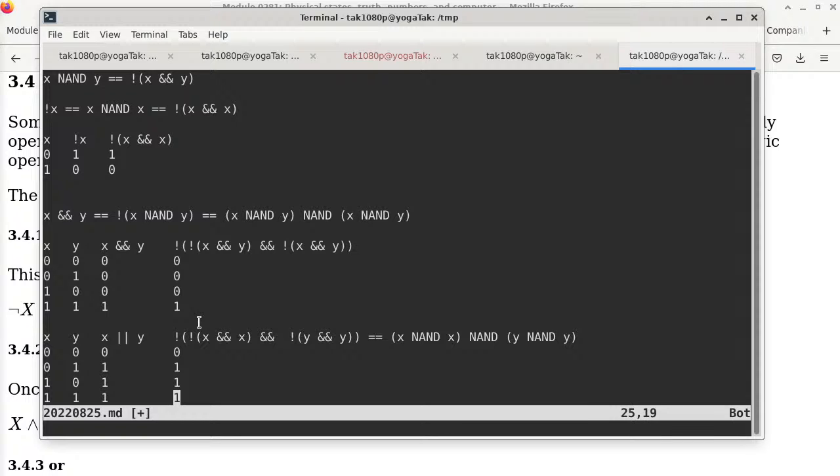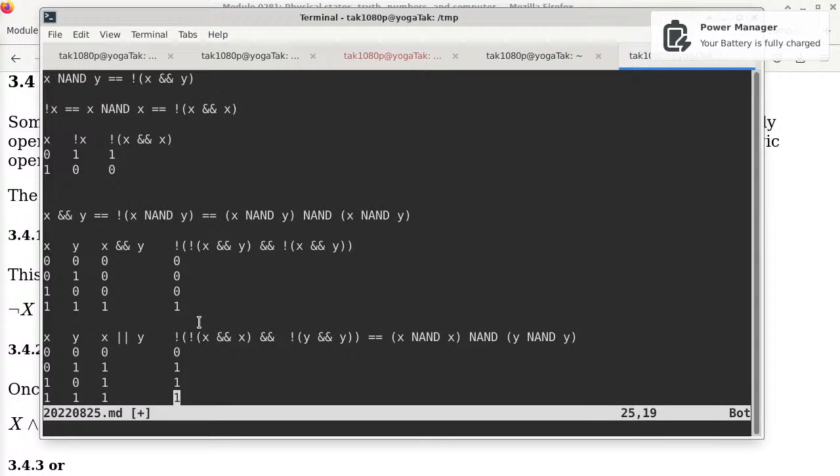Yep, go ahead. So you did X for the one before the last one. I did X and Y, but why didn't you do not X and Y for the third column? For the third column. Are we talking about this portion or this portion? No, the one above it.